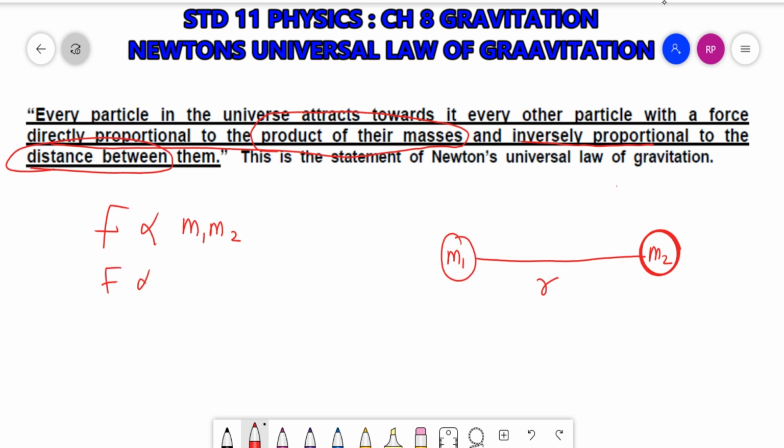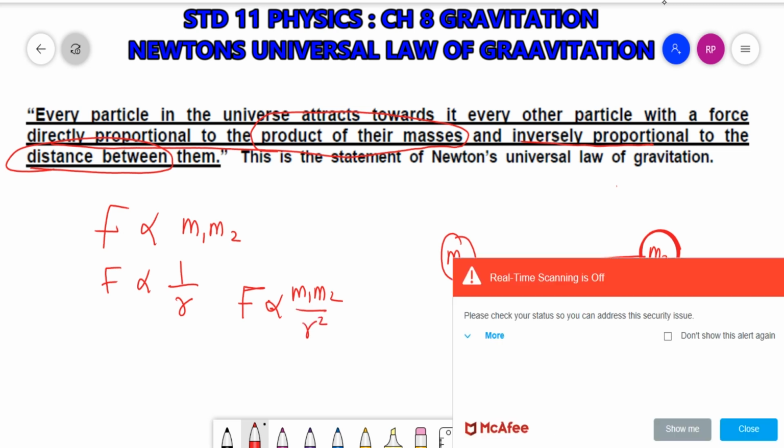So F is proportional to m1 m2 by r square.